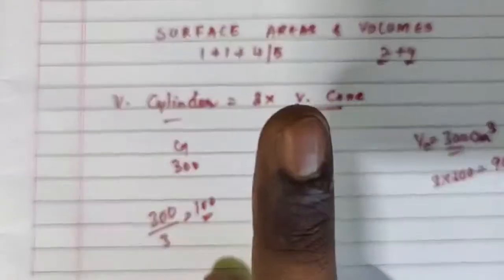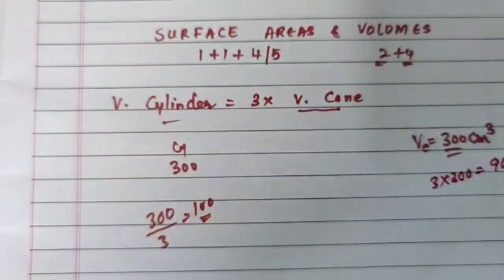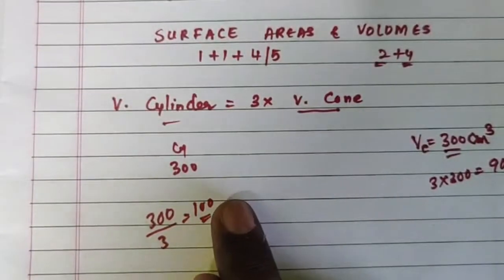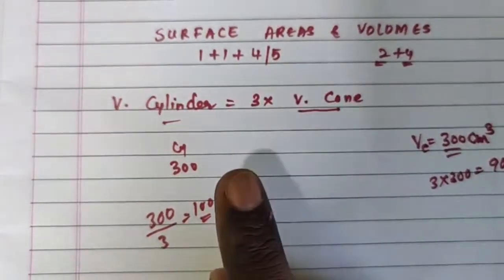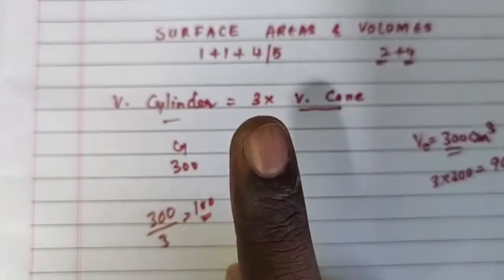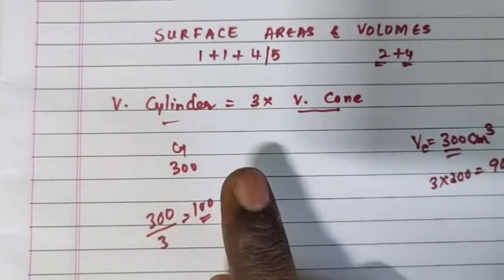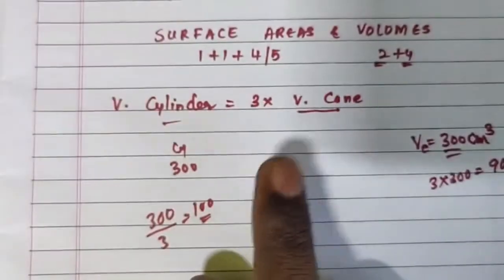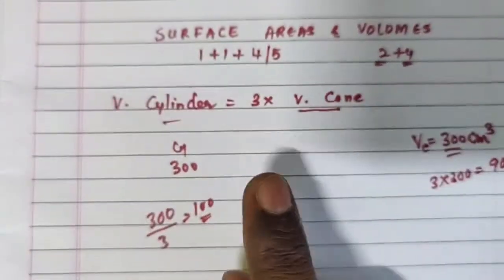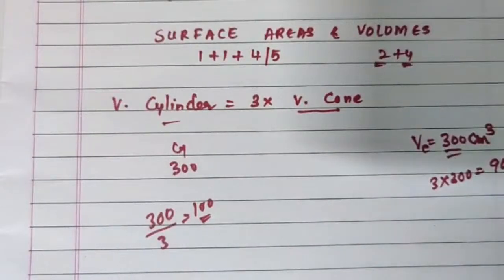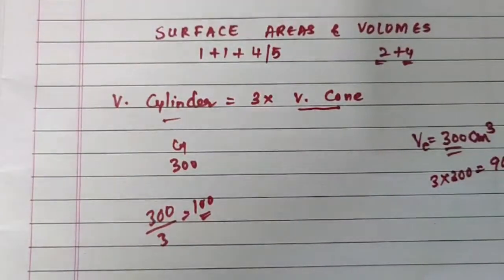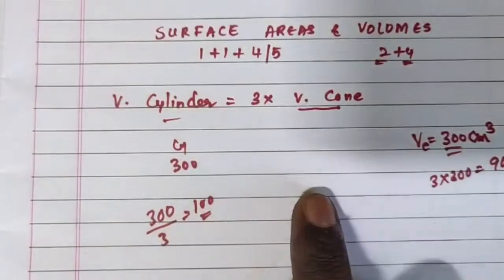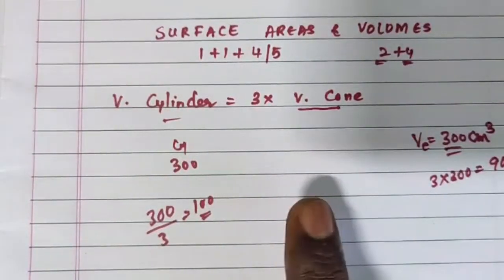My suggestion is, in the examination, don't attempt this question at the beginning itself. When you have solved all the questions, keep this question for the end. If you waste around 15 to 20 minutes solving this kind of problem at the beginning, it will be very difficult to manage time for the other questions. First solve the questions which you feel are very easy, then attempt this question at the end, because it will save you lots of time.